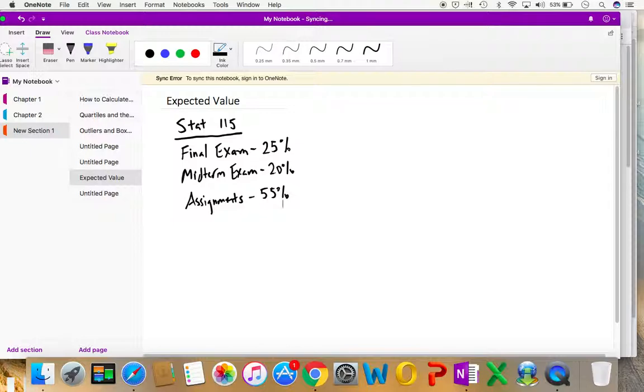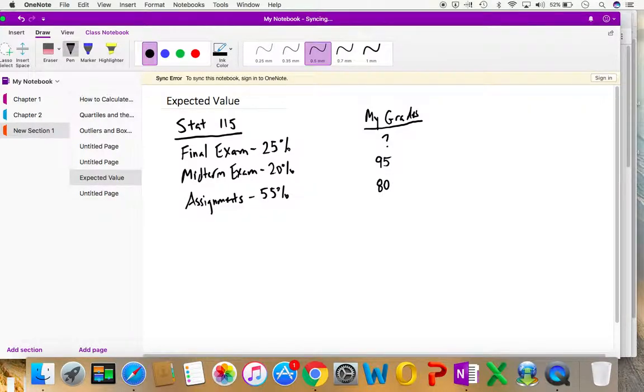Okay, so leading up to the final exam, let's say I have my grades over here. And again, my goal is I want to try, obviously, to get an A in this class. So I'm not sure what my final exam is going to be just yet. My midterm exam, let's say I did well on that. Let's say I got a 95. And then for my classroom assignments, I've got an average of an 80, when it all is said and done.